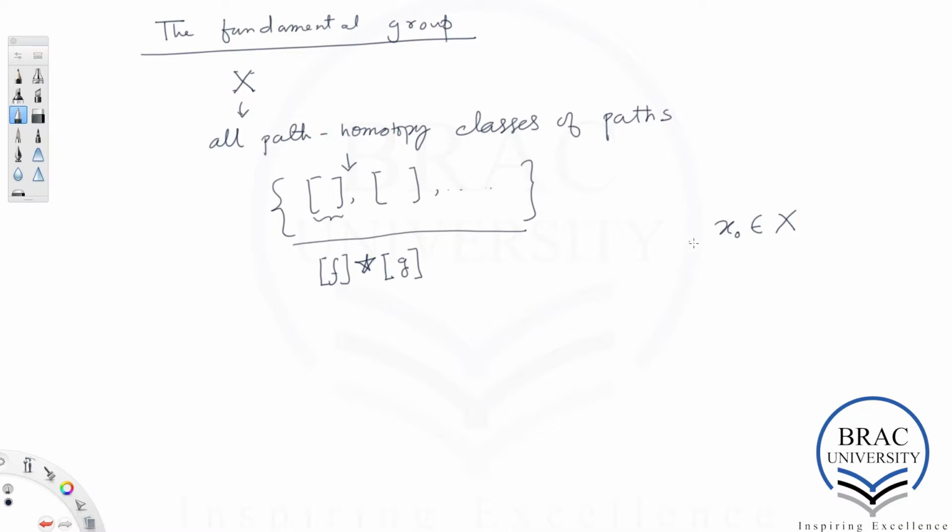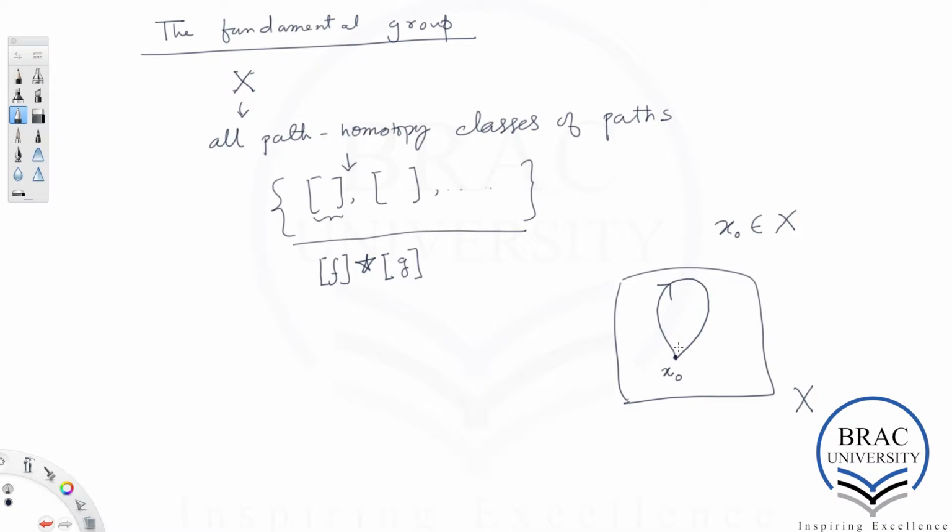If this is the topological space X, this is the fixed point that we have chosen, x0, and we consider paths like this that begin and end at the point x0, we say that this loop is based at x0.